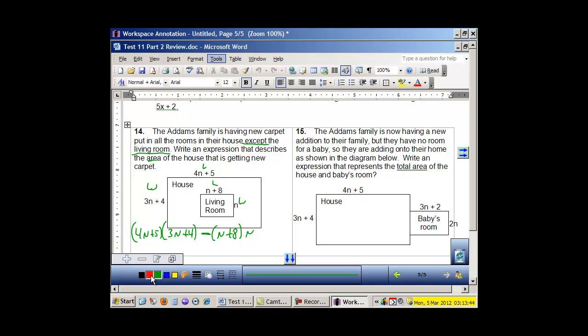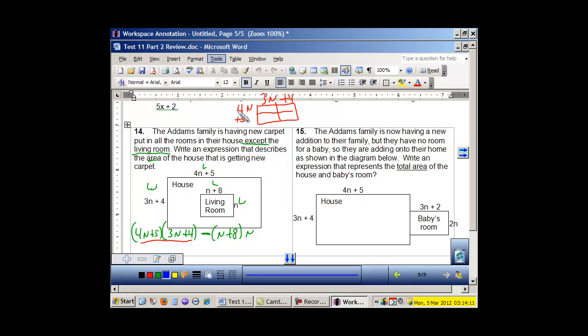Let's work it up top here. So all I'm going to do is box this up here. So I have 4n plus 5. And then on my columns I'm going to have 3n plus 4. Well, that's, what is that, 12?